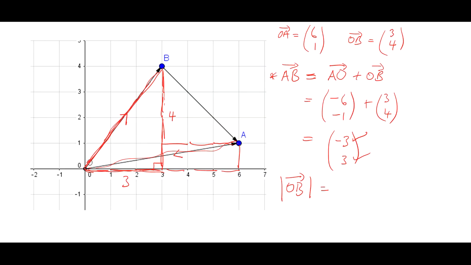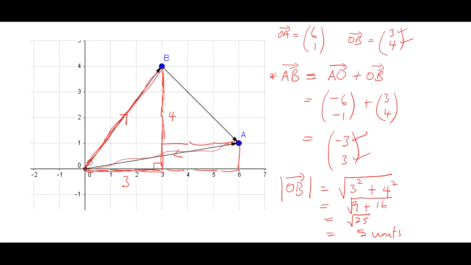So in order to get the magnitude, you simply use Pythagoras' theorem, because this length is 4 units and this length is 3 units, and we want to find the hypotenuse. So therefore, to find the magnitude of a vector, we're going to take the x value of the vector, that is here, which is 3, squared. We're going to add it to the square of the y value, and we're going to find the square root of this, which will be 9 plus 16, which is equal to the square root of 25, which is equal to 5 units, right?